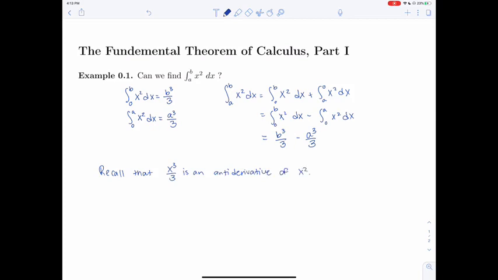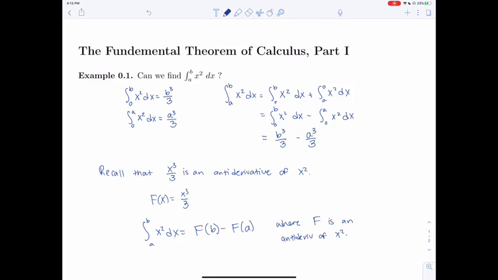So what really happened is if we define this to be F of x, we discovered that the integral from a to b of x squared dx was just F of b minus F of a, where F is an antiderivative of x squared.